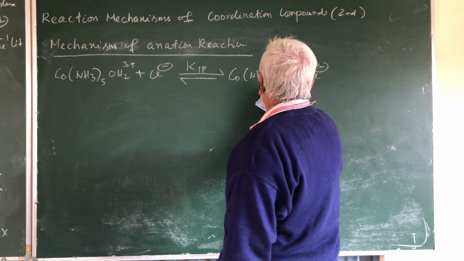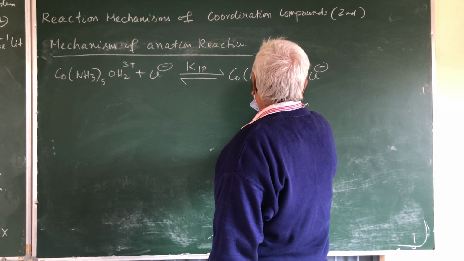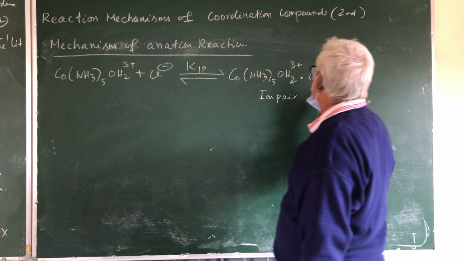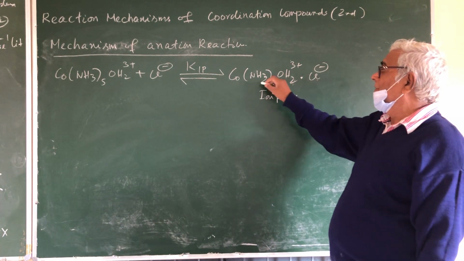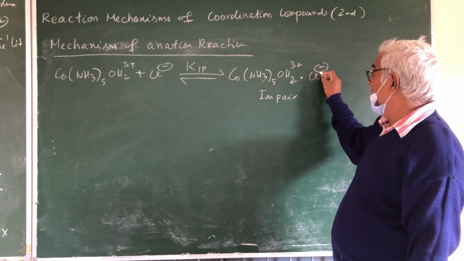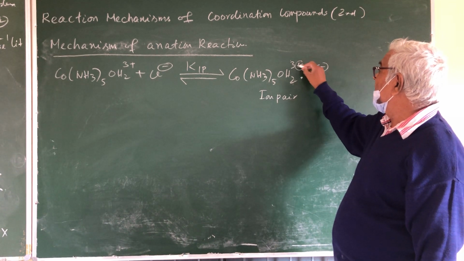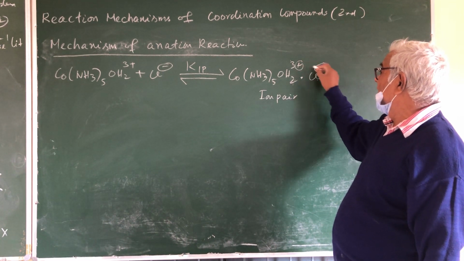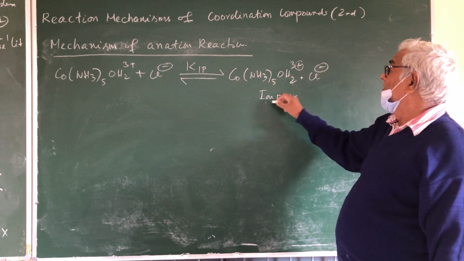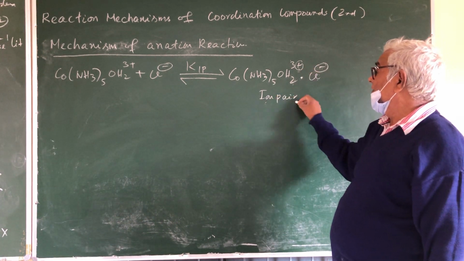This is the ion pair. The water, this chloride ion will remain in the outer sphere. Inner sphere you have this system. So this is tri-positive, this is a negative charge. Positive, negative, so therefore there will be a Coulombic force of attraction, that is called an ion pair.